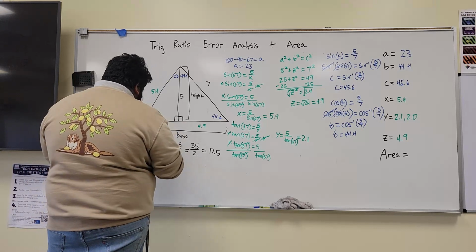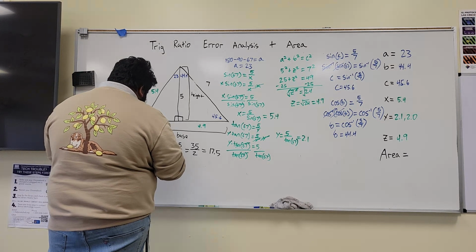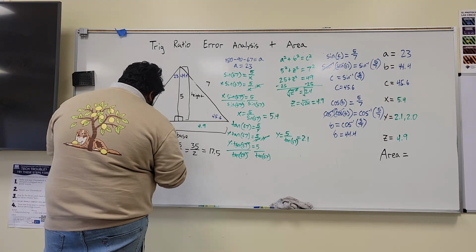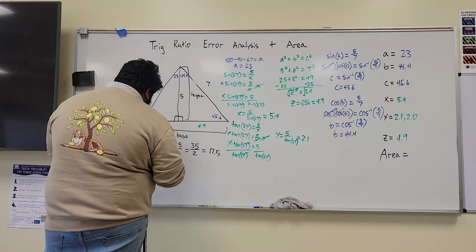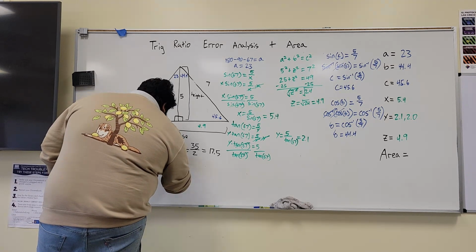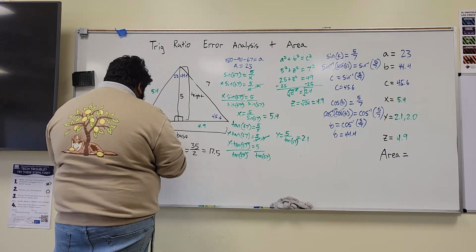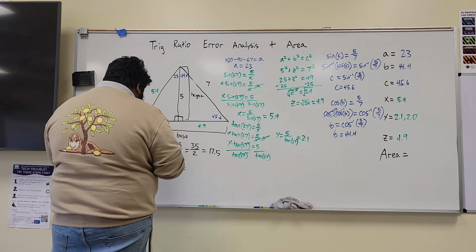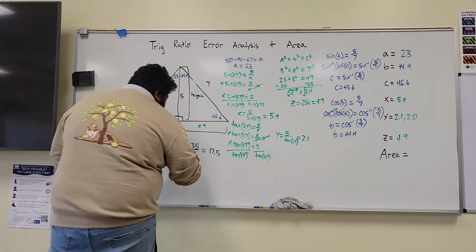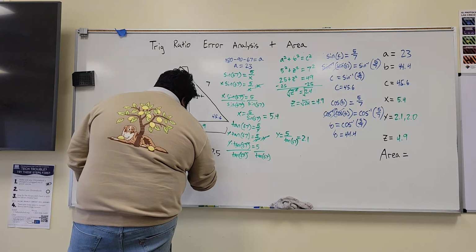We're going to get that the base is 2 plus 4.9, which is going to give us 6.9 times 5 over 2. 6.9 times 5 is going to give us 34.5, so it's a really, really small difference over here.